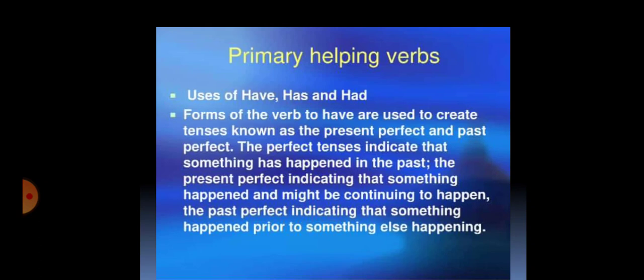The present perfect indicates that something happened and might be continuing to happen. The past perfect indicates that something happened prior to something else happening. You have already watched the video on these perfect tenses. I have already uploaded the video for the perfect tenses. You can take help of that video.